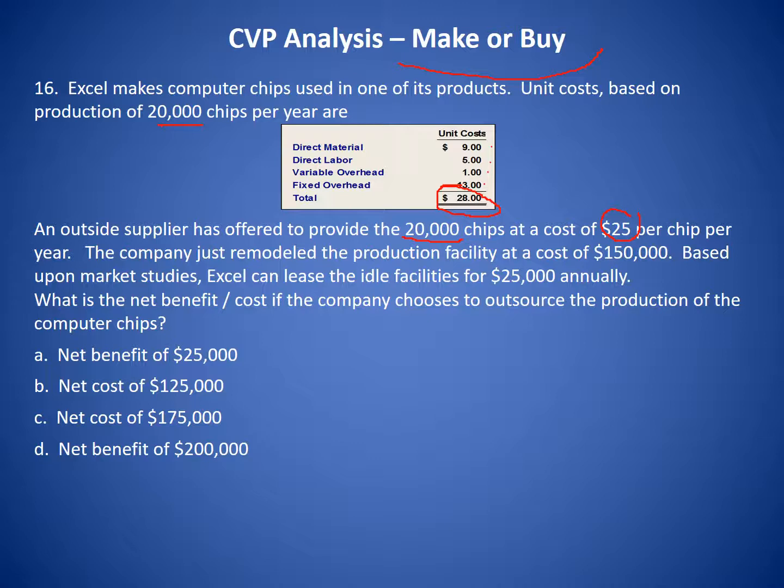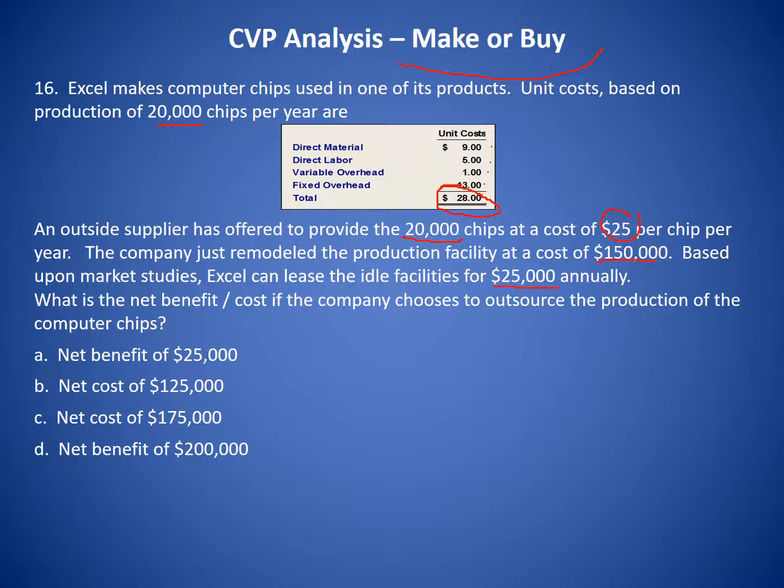Now, the company has just remodeled this year the production facility at a cost of $150,000. Based upon market studies, if they did outsource that production to this outside supplier, this third party, they could go ahead and lease now the idle production facilities for $25,000 annually.